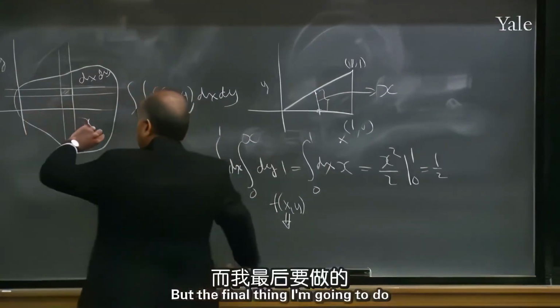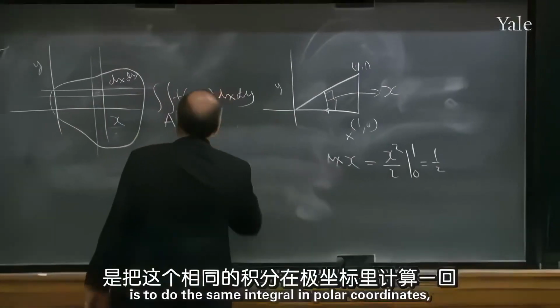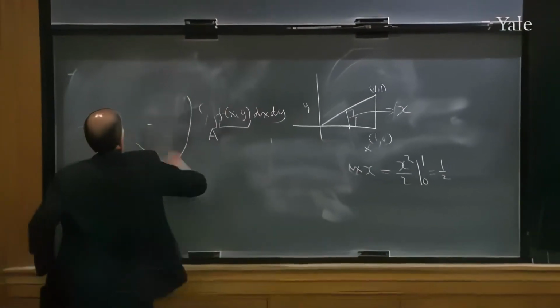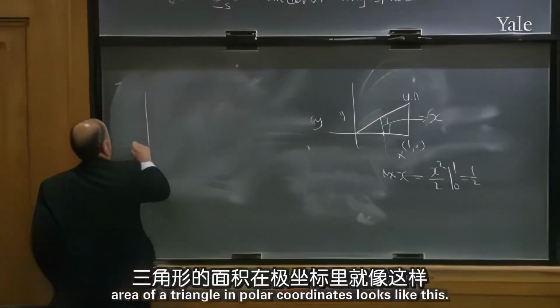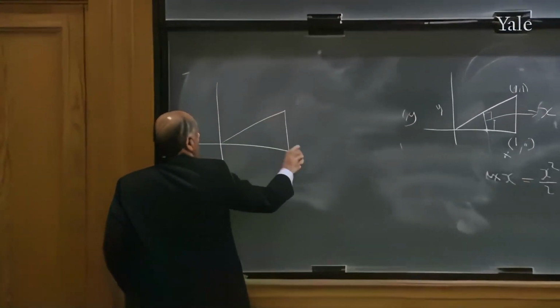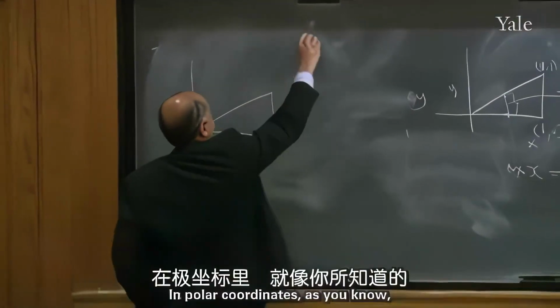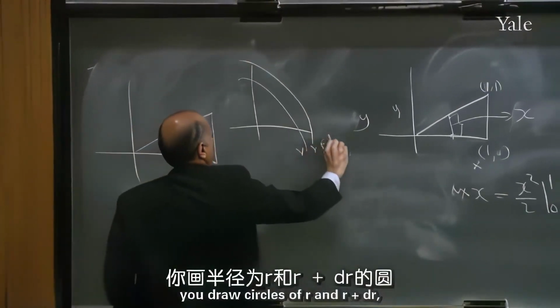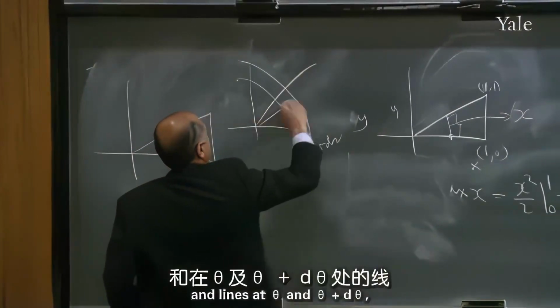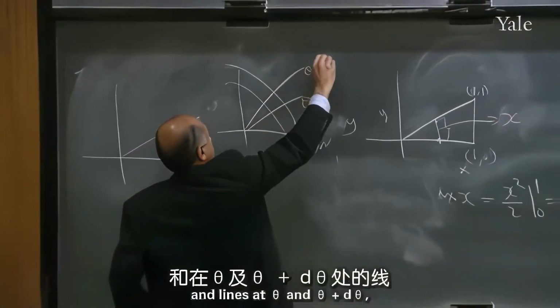But the final thing I'm going to do is to do the same integral in polar coordinates. Area of a triangle in polar coordinates looks like this. In polar coordinates, as you know, you draw circles of r and r plus dr and lines at theta and theta plus d theta.